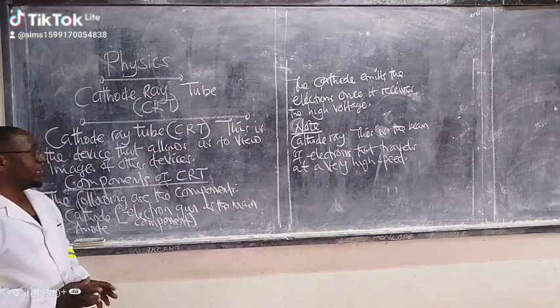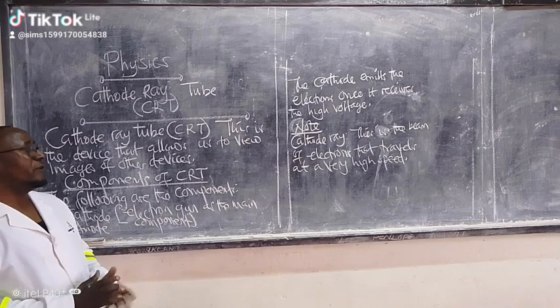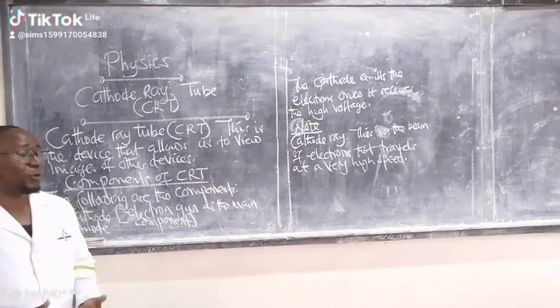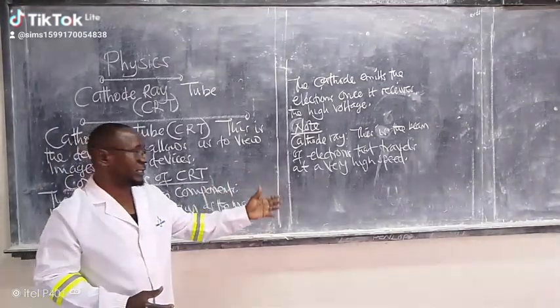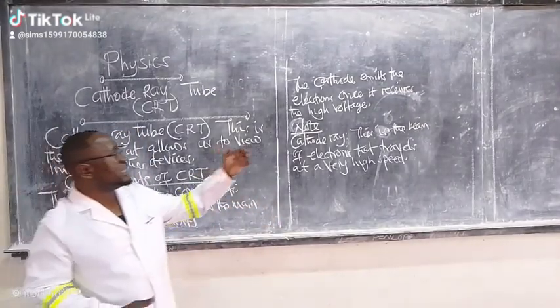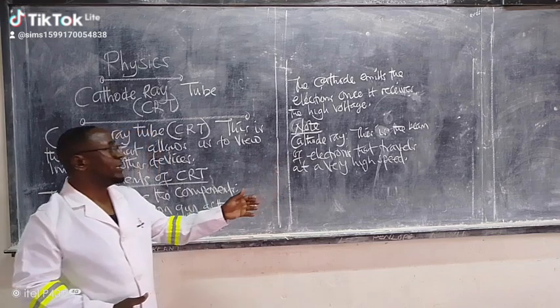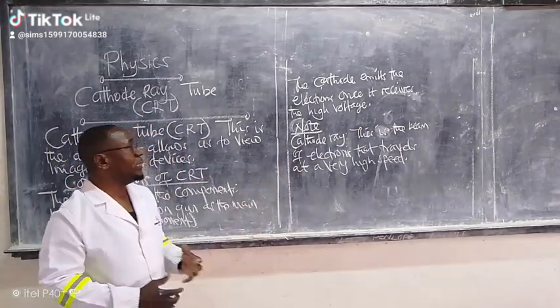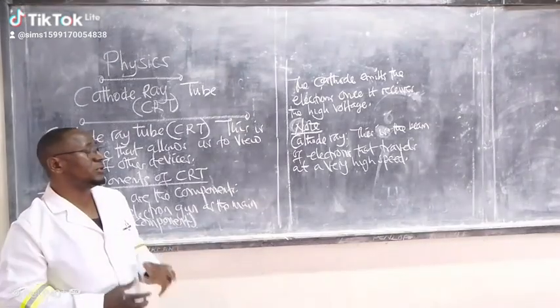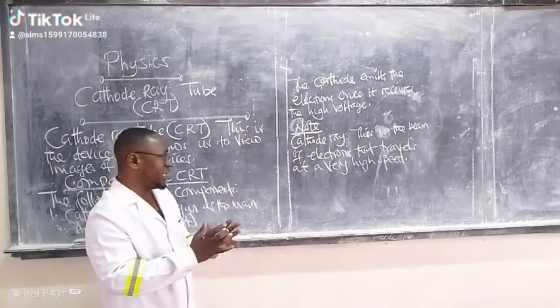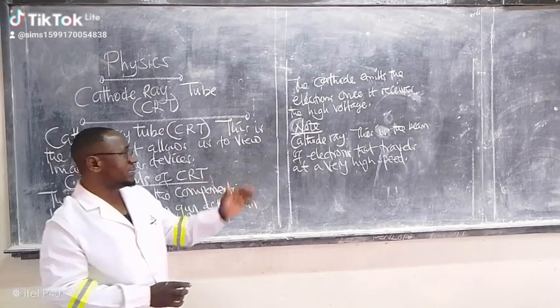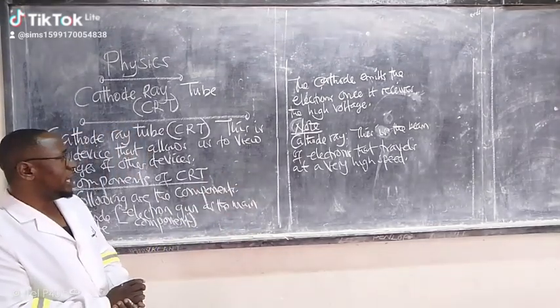The cathode ray is the beam of electrons that travels at a very high speed. Once these electrons are produced by the cathode, when it receives the high voltage, the cathode is going to emit or release these electrons that move as a beam, as a collection of electrons at a very high speed. That is the cathode ray.